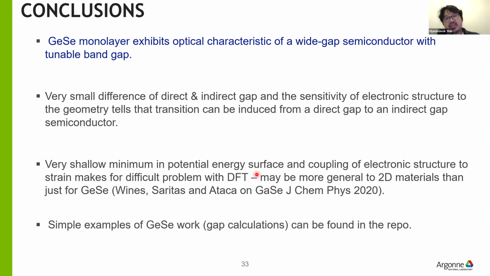Bulk is a bit tricky to estimate with university resources, because it requires many electrons in the primitive cell already, but with the small cell size, small problem size, you can deal with the monolayer. I believe the monolayer will be possible to deal with, to get the cohesive energies or the band gap calculations.